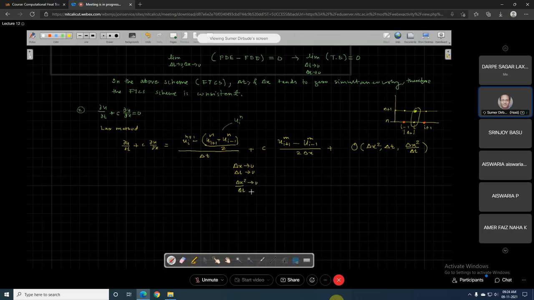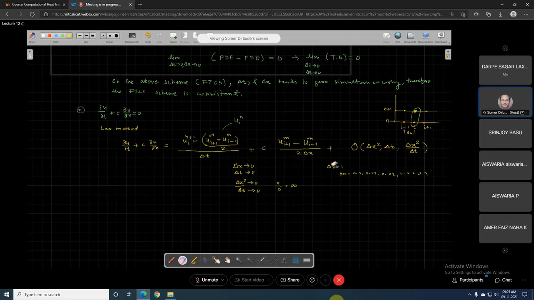But for this leading error term, delta x square and delta t tend to 0. These two things cannot be simultaneously made 0. Why? Because 0 by 0 will become infinity. You cannot make this simultaneously 0. Either you have to make delta x 0 and then delta t 0. That means first you will have to take a certain delta t, and then change this delta x from 0.1 to 0.01 to 0.001, like that. You have to decrease. You cannot make both things simultaneously 0.